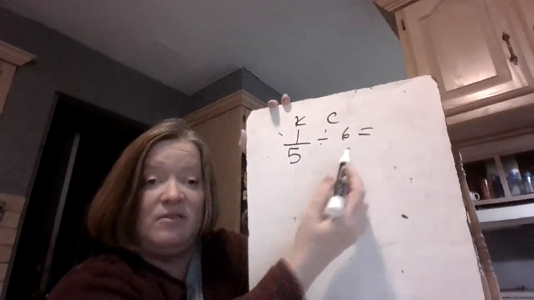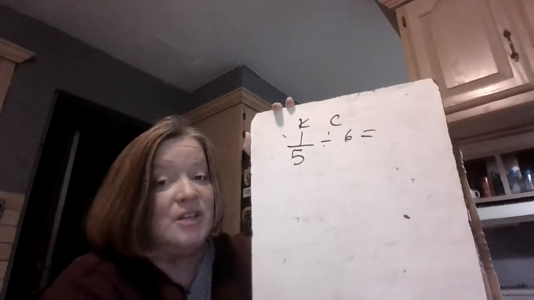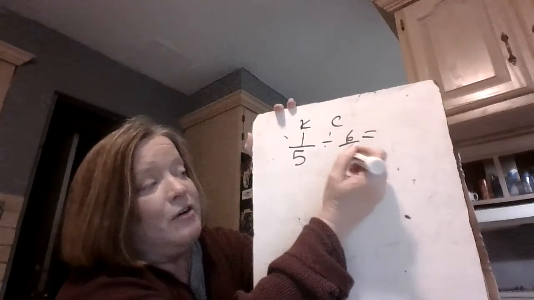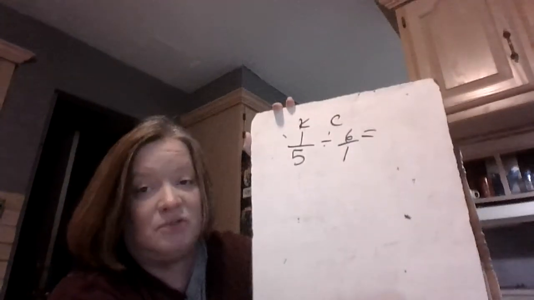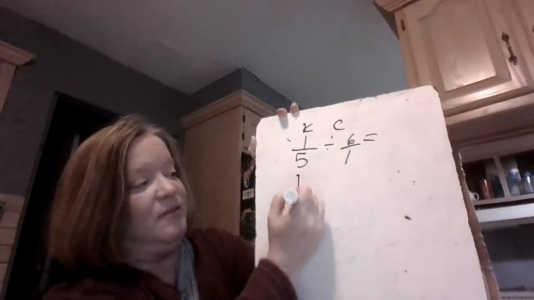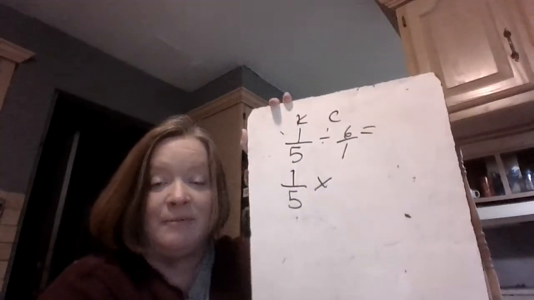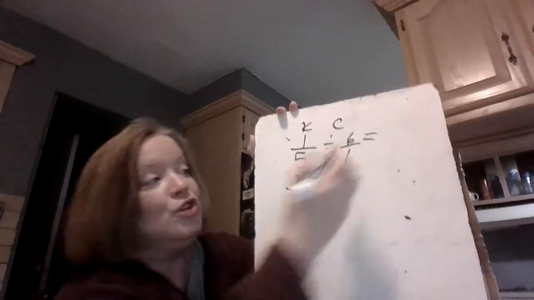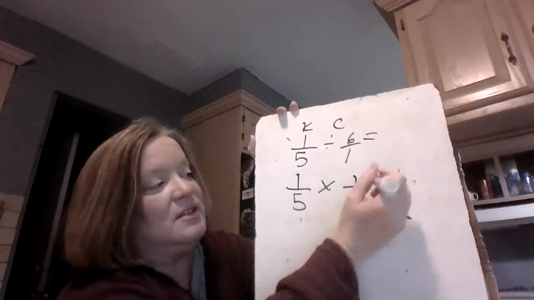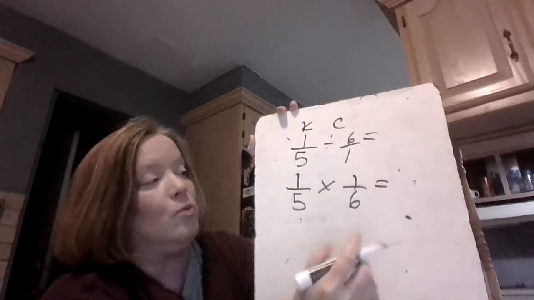I'm going to flip this 6, which is technically 6/1, to its reciprocal, which is 1/6. So keeping the 1/5, changing the sign to multiplication, and flipping this 6/1 to 1/6, its reciprocal.